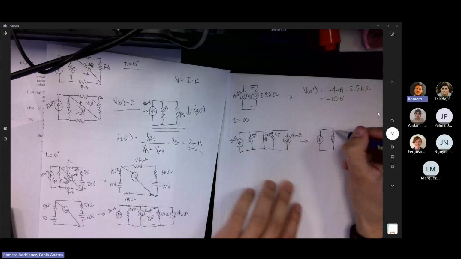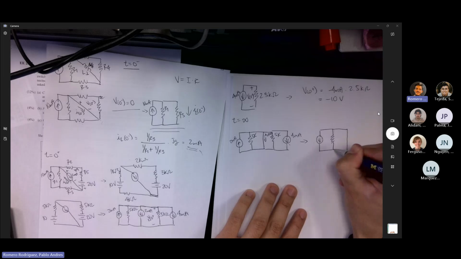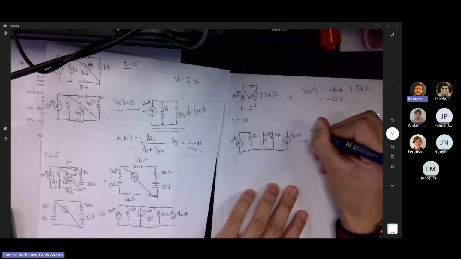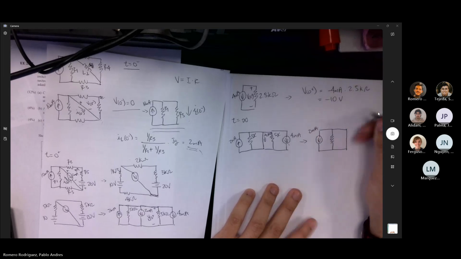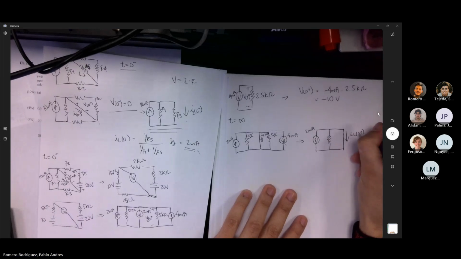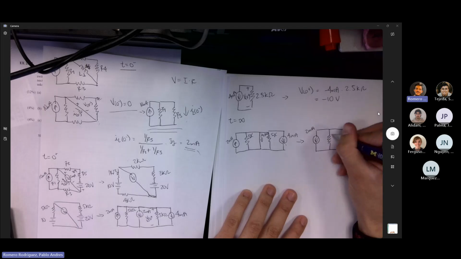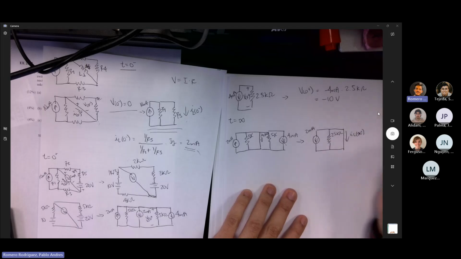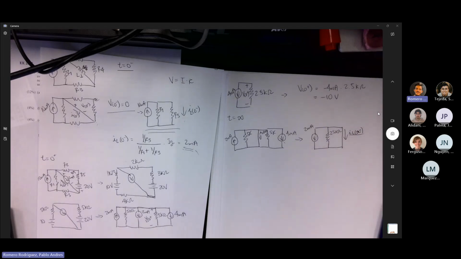The parallel combination of these two guys and this short here, right? You get 2 milliamps here. Current assumed to be going that way, IL infinity. And that 2.5K. What do you guys think IL should be or is?